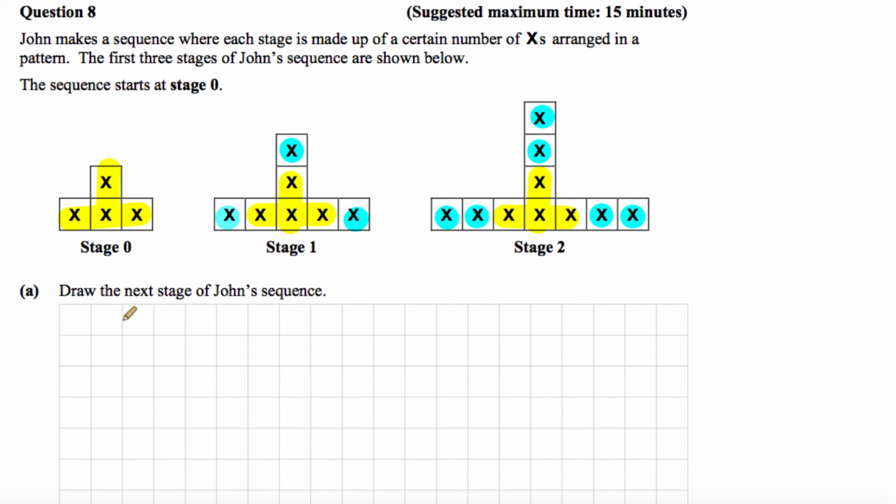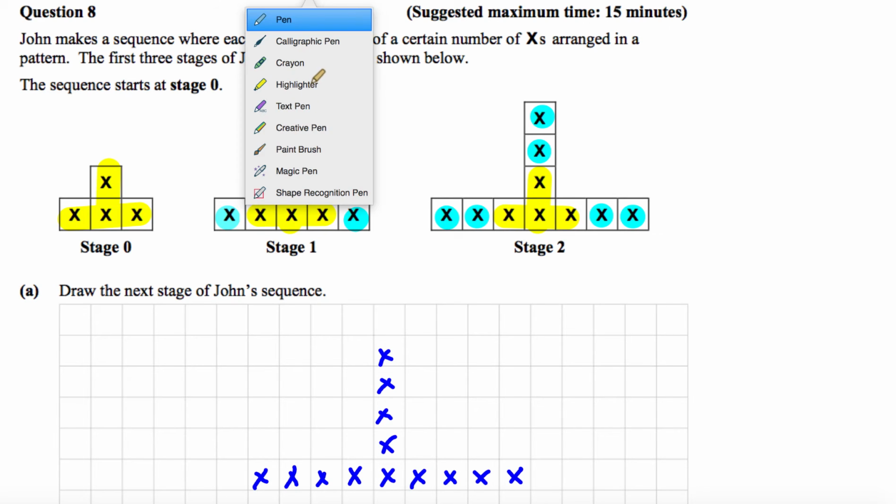So part A says draw the next stage of John's sequence. Well, John's going to have the original 4. 1, 2, 3, 4. And then he's going to have the 2 here, plus another 1, 2 here, plus another 1, and then the 2 up here, plus another 1.